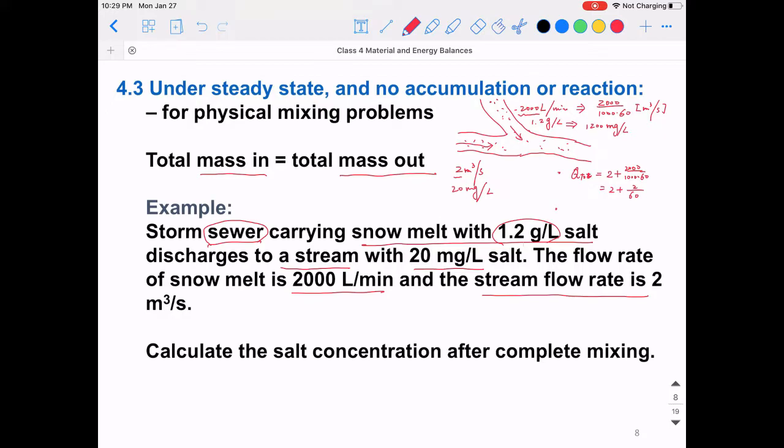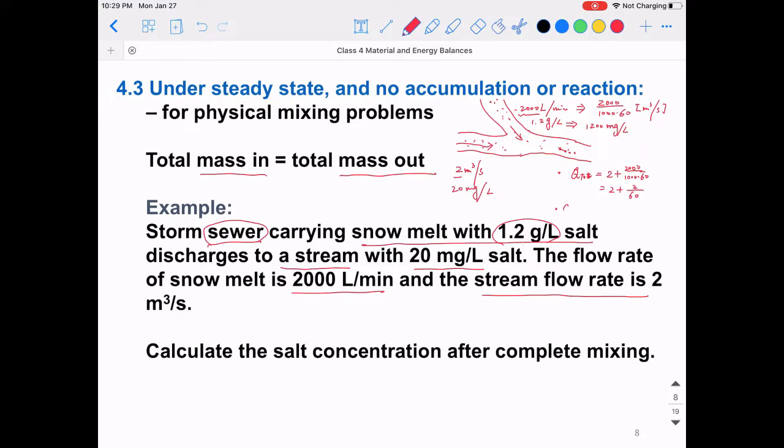The other mass balance is going to be related with the salt. We know that the total mass of the salt coming from the snowmelt and the total mass of the salt coming from the stream is going to be equal to the total mass of the salt after the complete mixing.